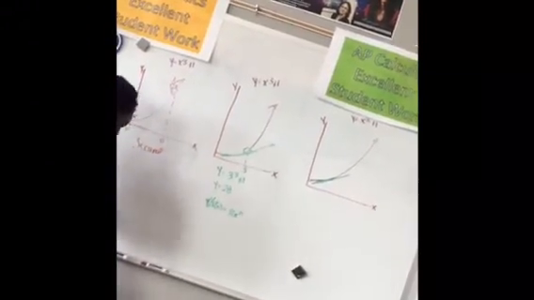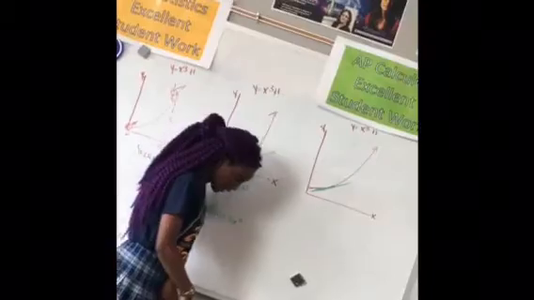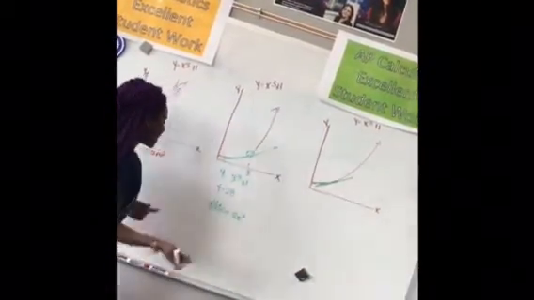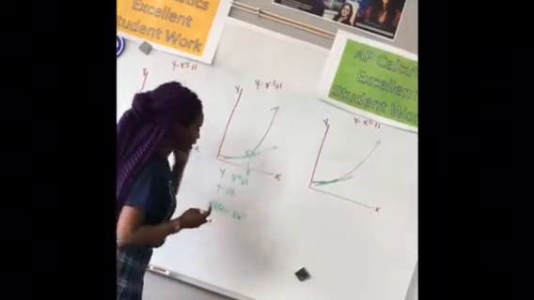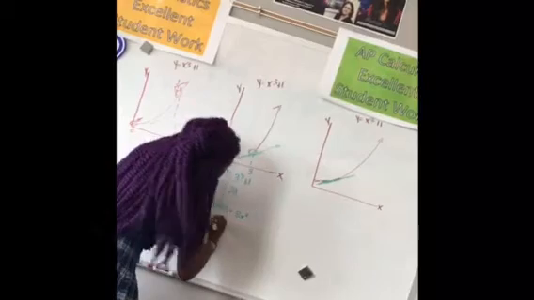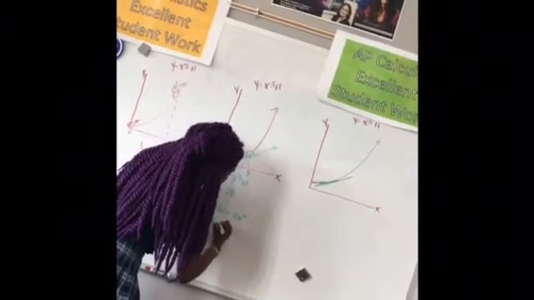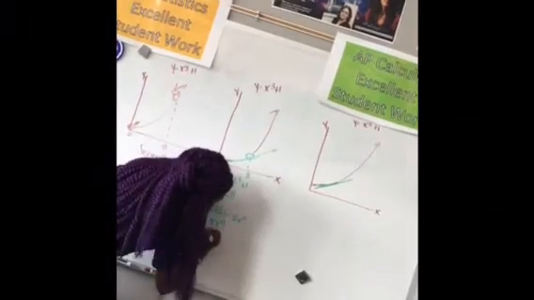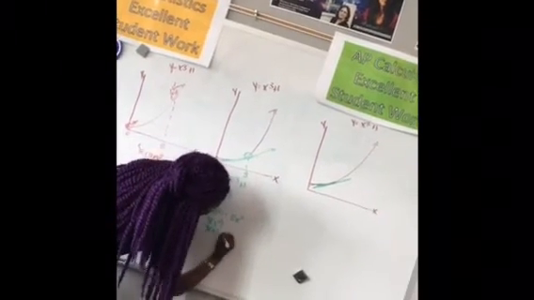So you have your derivative and you have your y. You have to take the x that they give you and plug it into the derivative. So all you have to do is 3 times 3 squared, which is 3 times 9, which is 27.